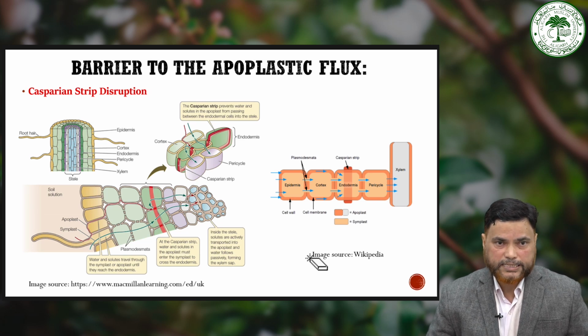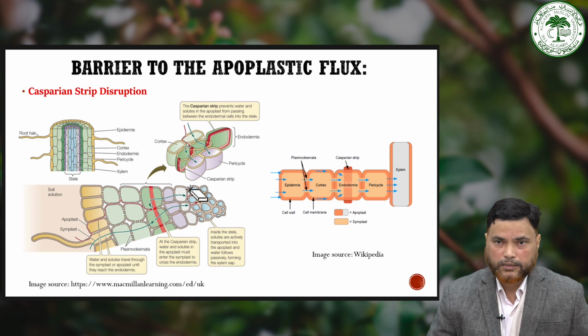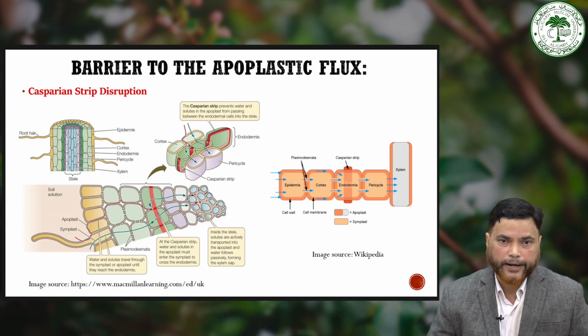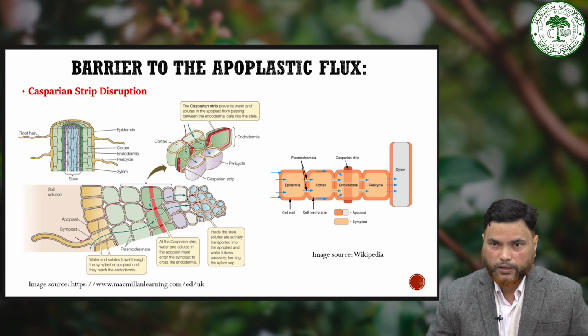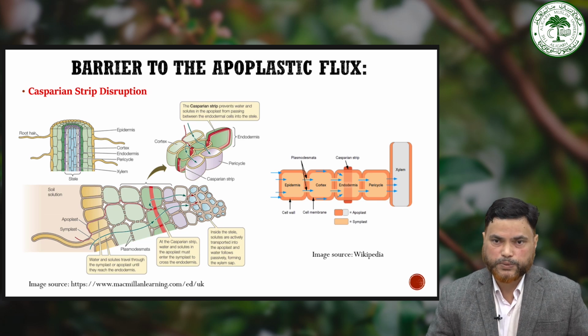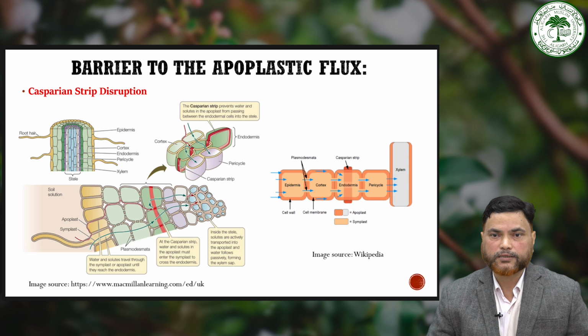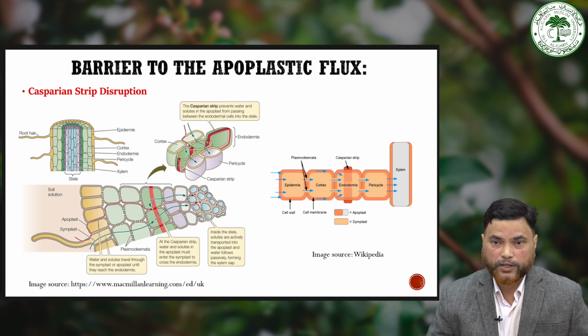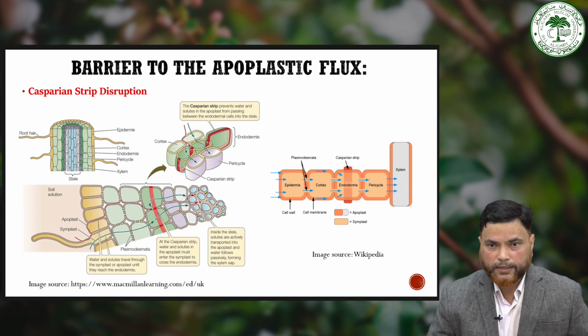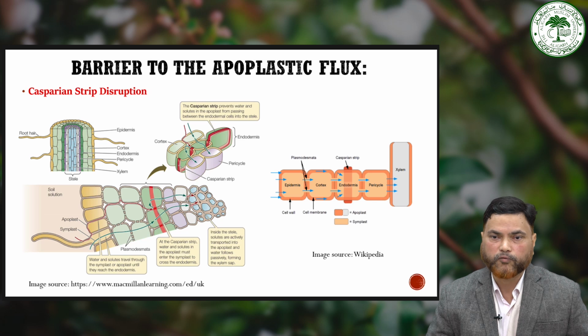Now, as we can see in the figure, water movement through the apoplast pathway is stopped at the endodermis due to the presence of Casparian stripes, and these are specialized bands located in the cell walls of the endodermis and impregnated with lignin, a hydrophobic polymer. Therefore, it hinders the movement of water.